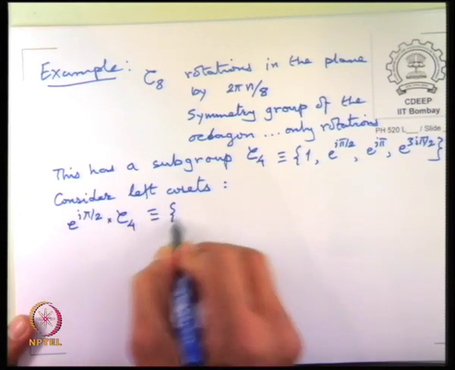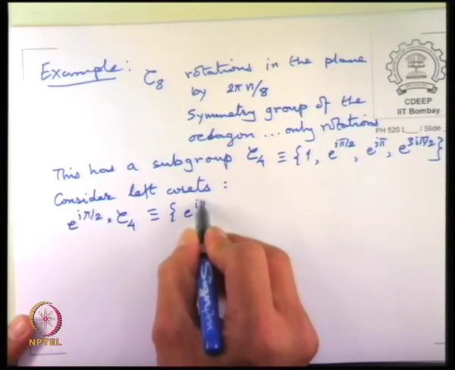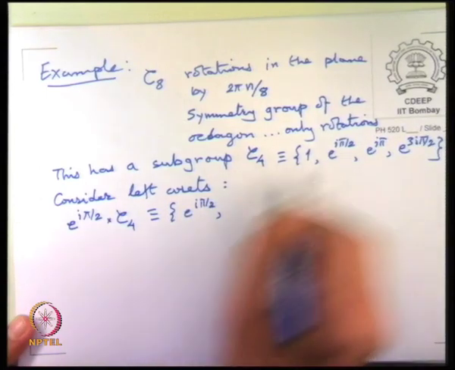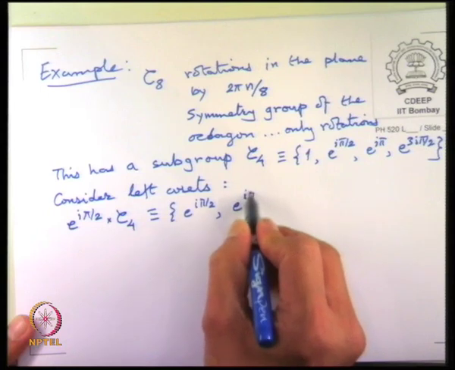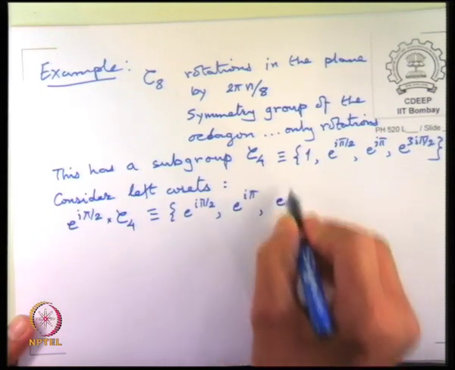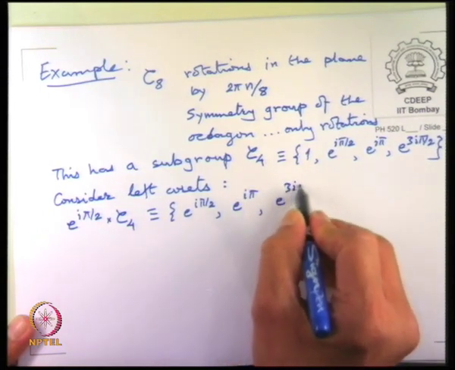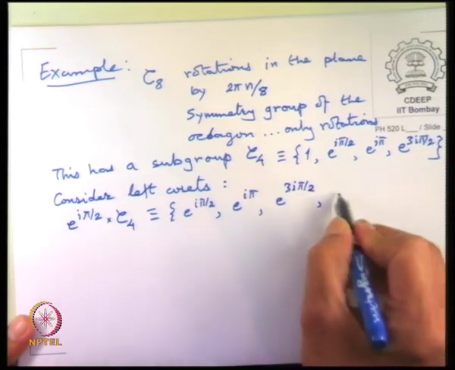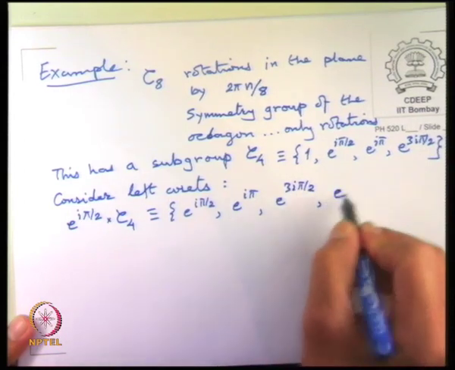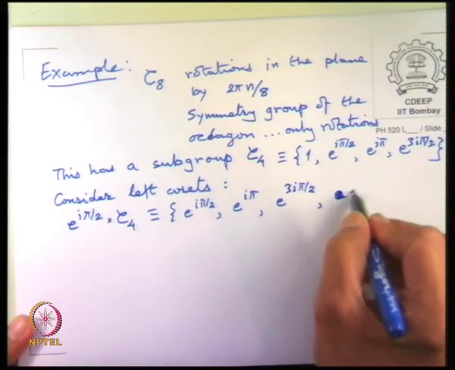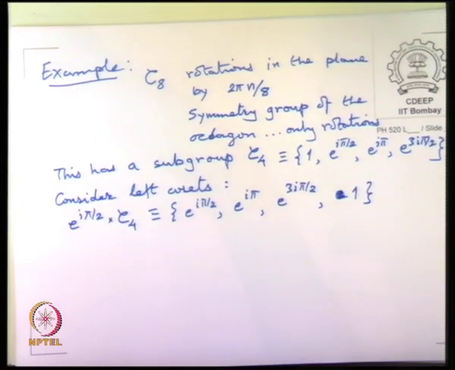What will I get? I will get e to the i pi by 2, then this will become e to the i pi, this becomes e to the 3i pi by 2, and I get identity here. Well, 1 in this case, the numeral 1. So this is one left coset.